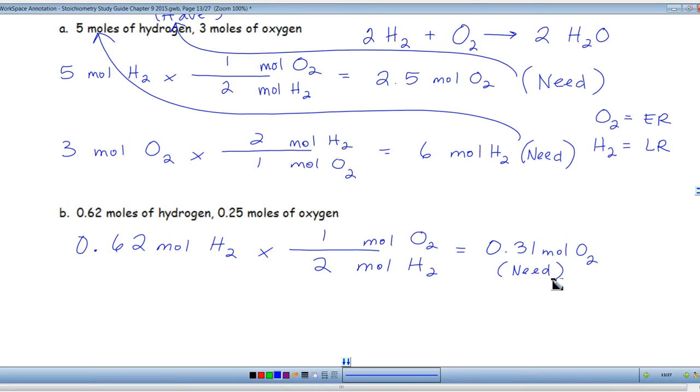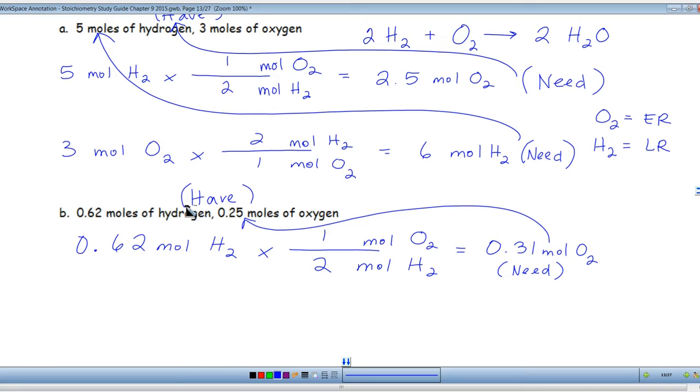All right, cool. So then we just go back and compare that to what we have. What we have is what's given to you in the problem. I need 0.31. Here's what I have. I don't have enough. I only have 0.25.